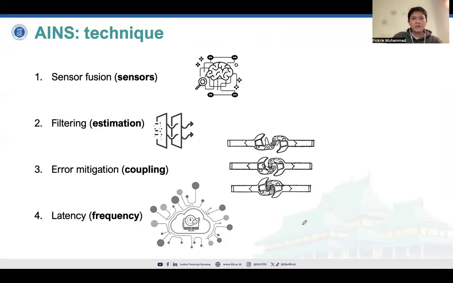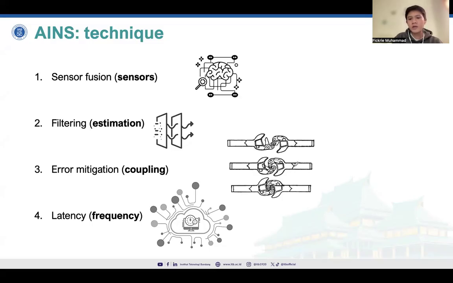And the techniques for AINS. First, of course, we talk about the sensor usage between, for example, the DVL or acoustic positioning system and the INS, so we have to talk about the sensors. Then, of course, we have noisy measurements and noisy estimations from both sensors, so we have to do filtering for estimation. And then how do we do the error mitigation between both, how do we increase the accuracy, which is the coupling.